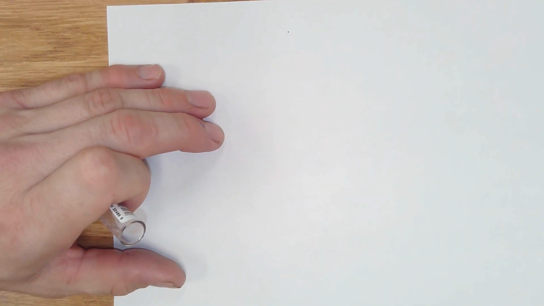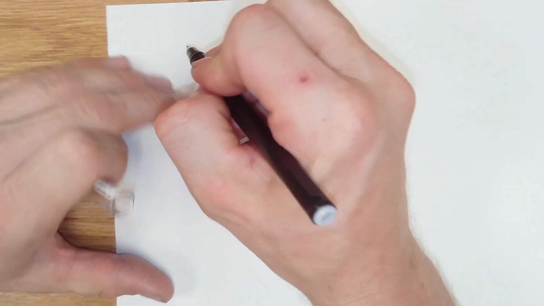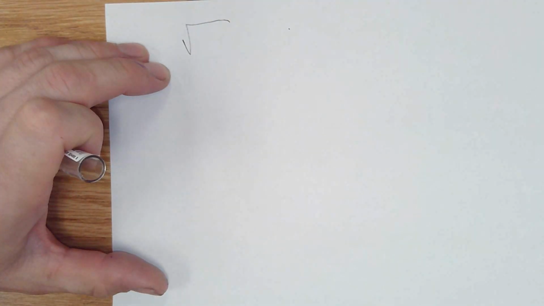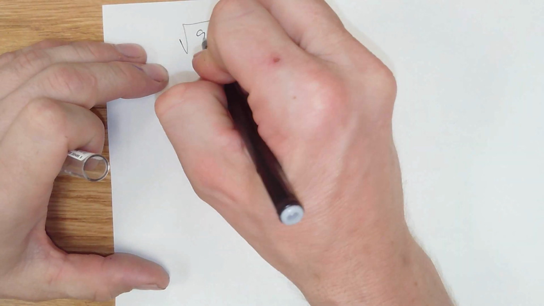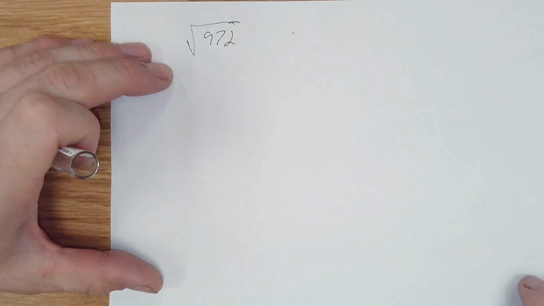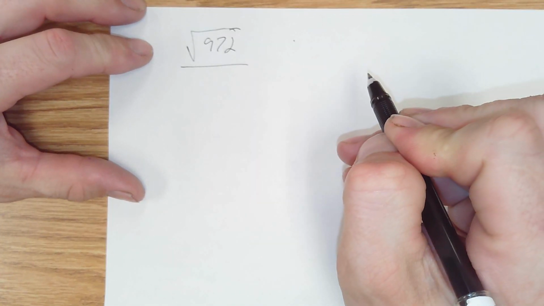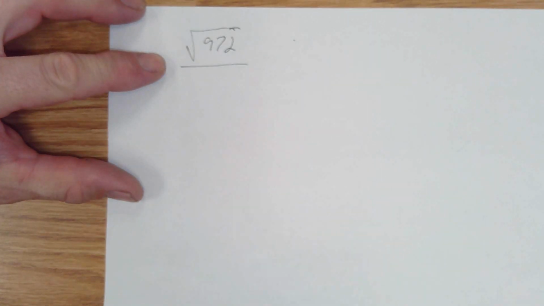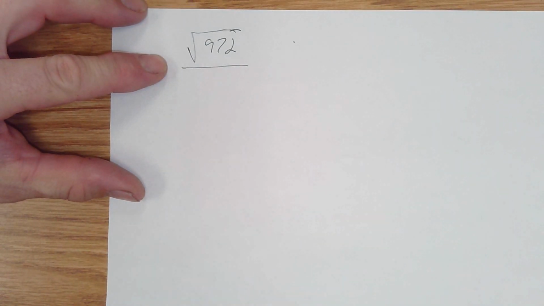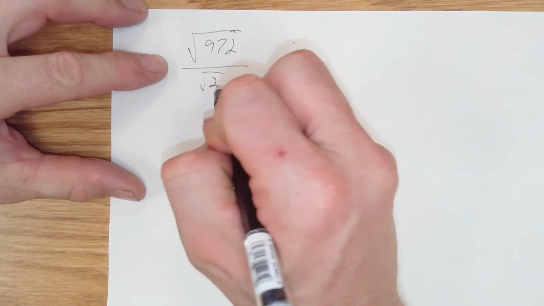So say, for instance, I have something that is inside of a radical, like square root of 972, right? And I want to reduce that. Okay, the idea of reducing this, say 9 square root of 72 over, we'll do, times the square root of 27.